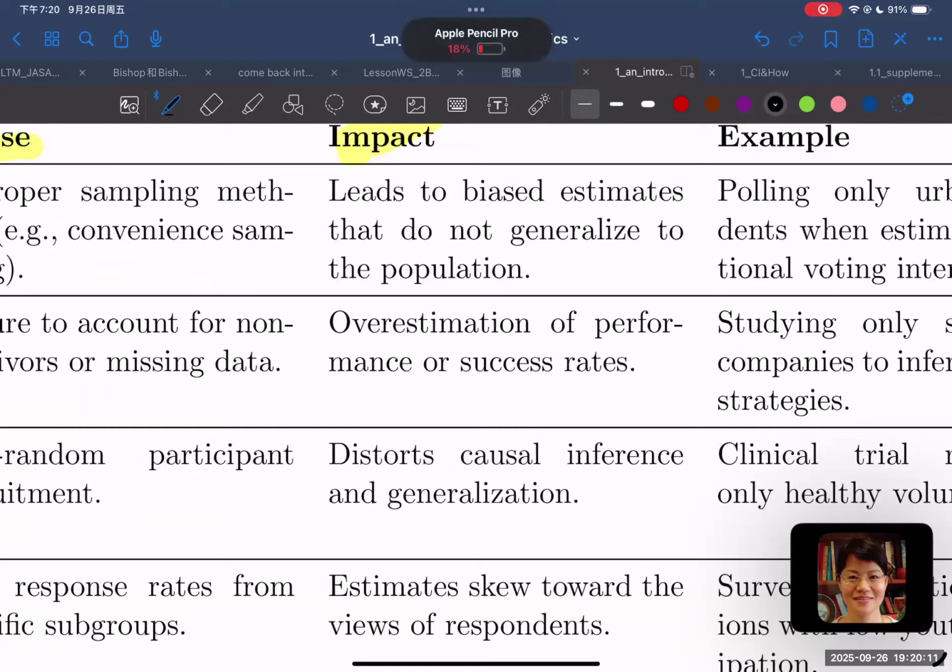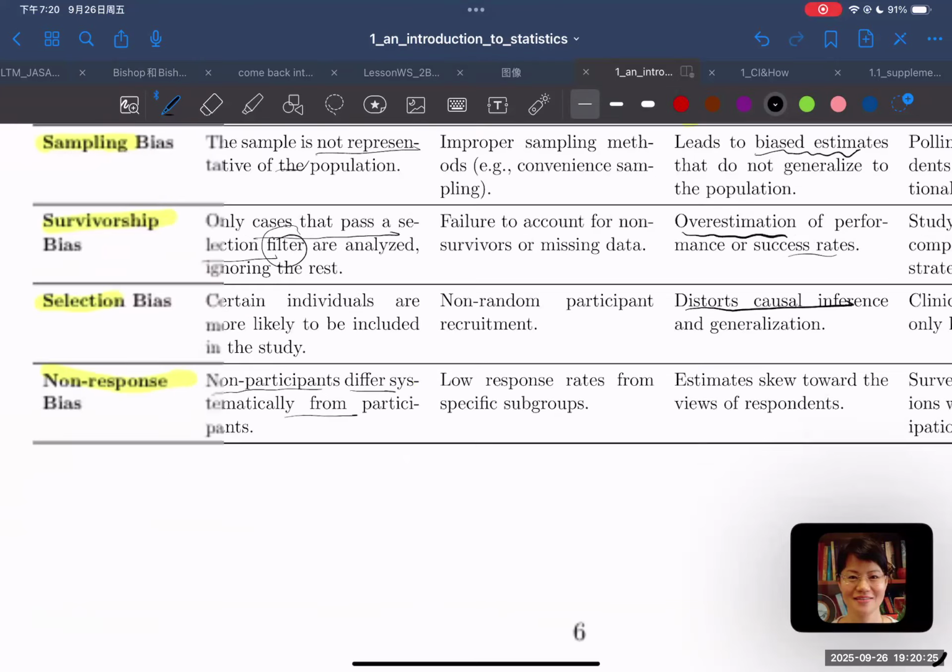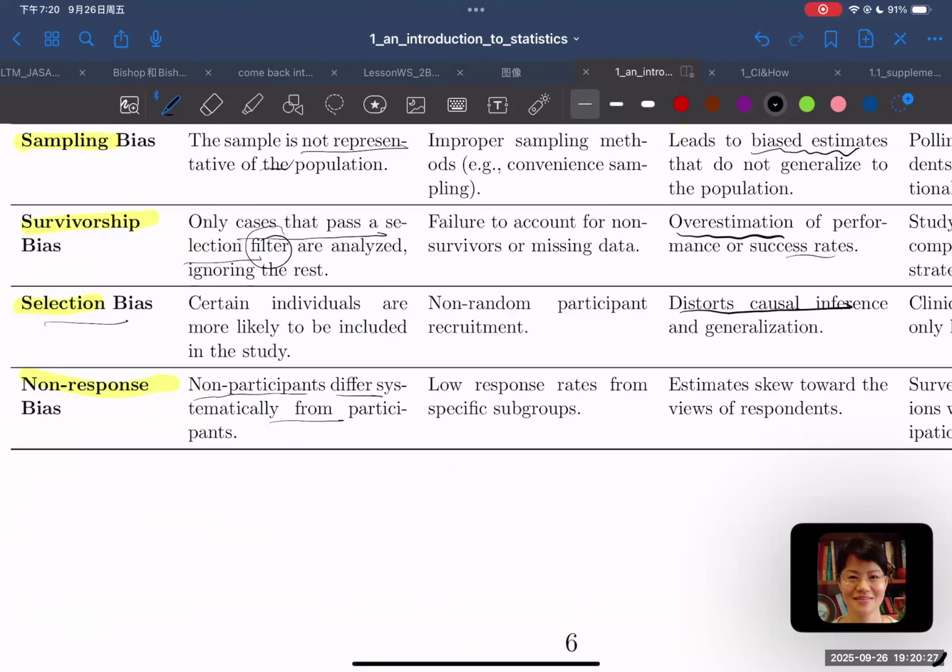For example, the first one leads to biased estimates that do not generalize to the population. The next one generates an overestimation of the success rates. The second one distorts causal inference and generalization, that is selection bias. Generalization and causal inference are two things of people's interests.